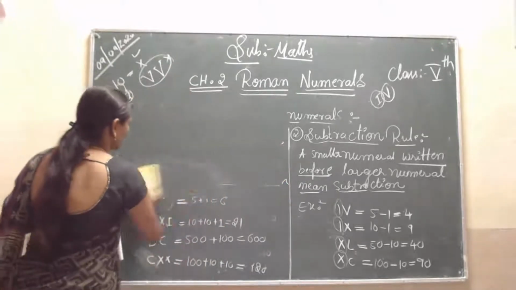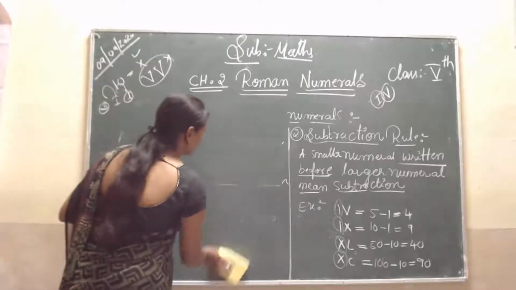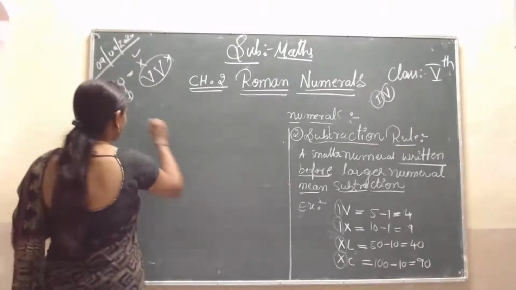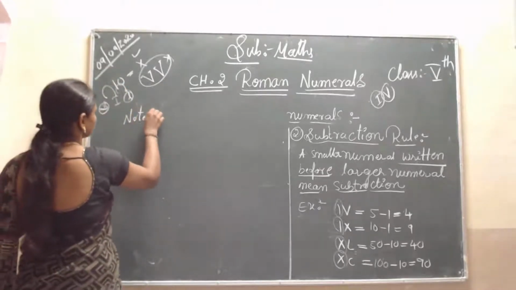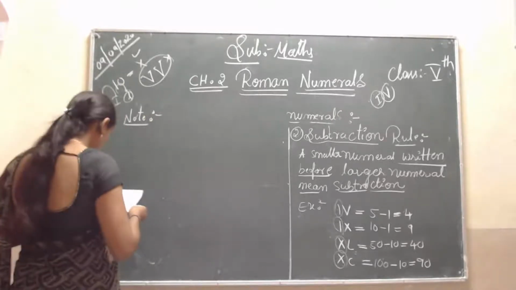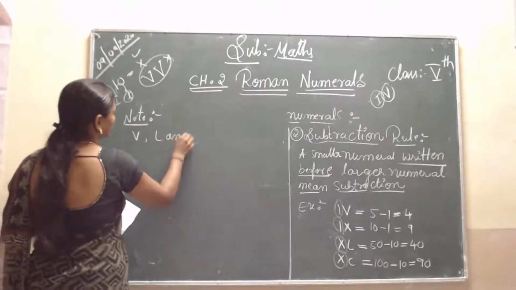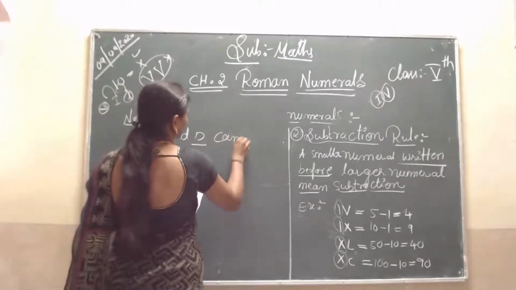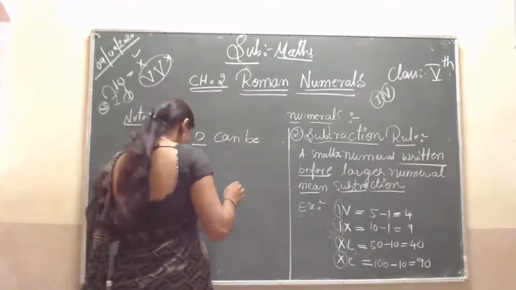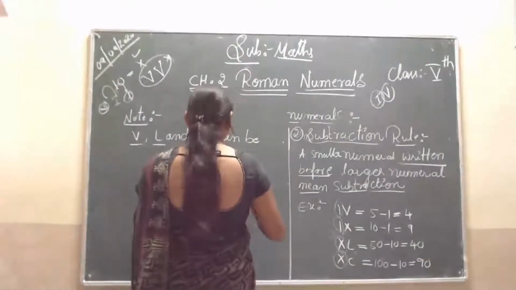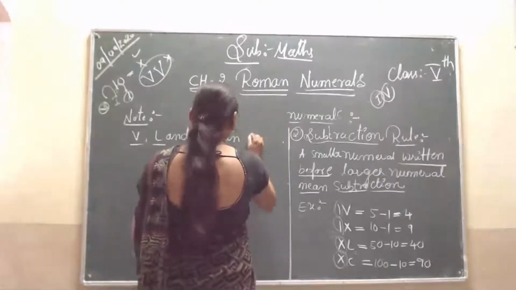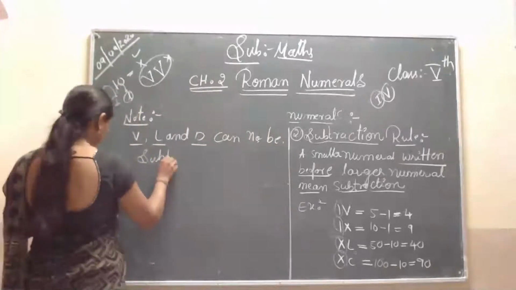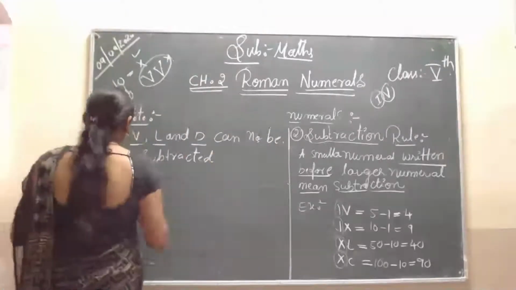The symbols V, L and D are never repeated. So write these points, students. The symbols V, L and D cannot be repeated, and they cannot be subtracted. Next, students.